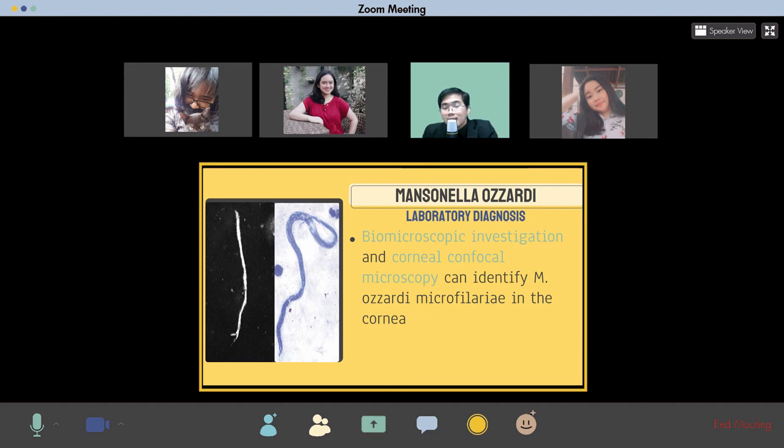In the case of Mansonella ozzardi, this would imply inflammation as well as the presence of Mansonella ozzardi. What was found in this study was a positive correlation between corneal biomicroscopic and confocal lesions and Mansonella ozzardi microfilaremia.